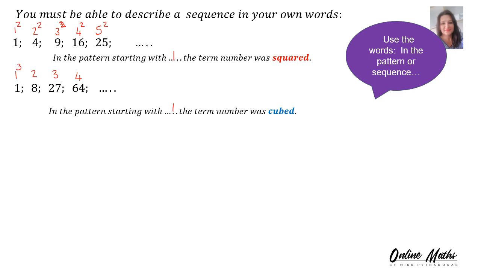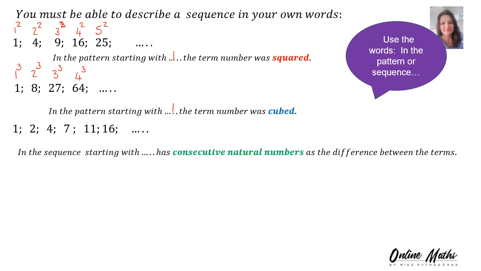Remember, cubed means you multiply that number by itself 3 times. 2 cubed is 8. 3 cubed is 27. 4 cubed is 64.